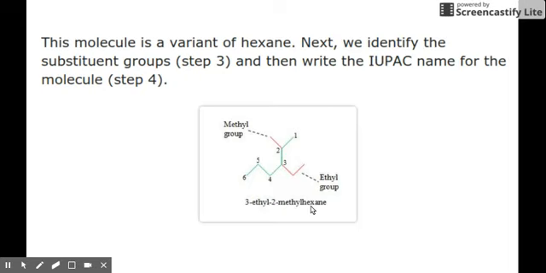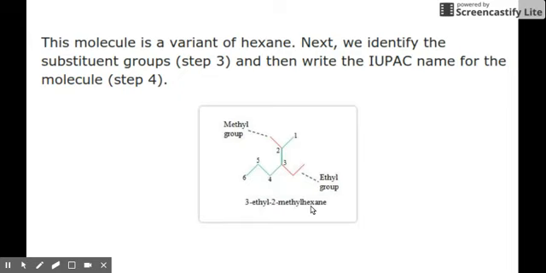So that's it. In the previous example, there was a comma. The comma will only be applicable if the branches are the same. That's when you are using your di, your tri, your tetra, your penta prefixes to indicate that there's more than one of that type of branch. Okay? But for this, no comma because the branches have different names.